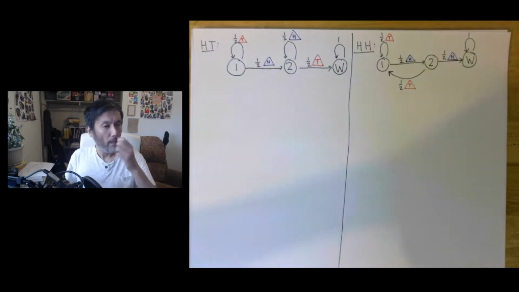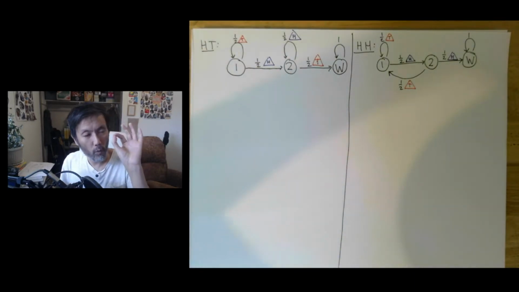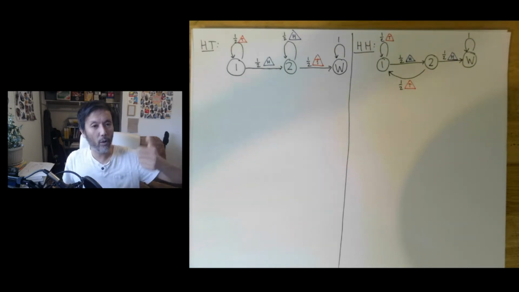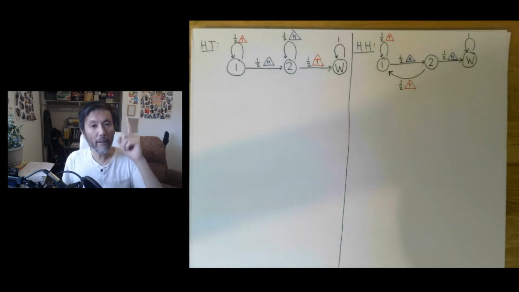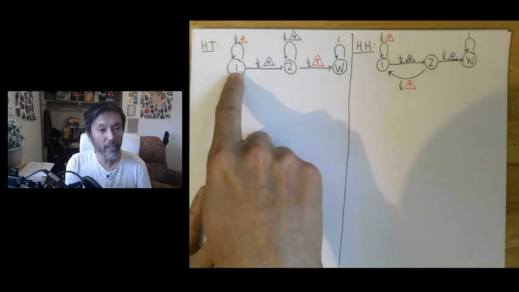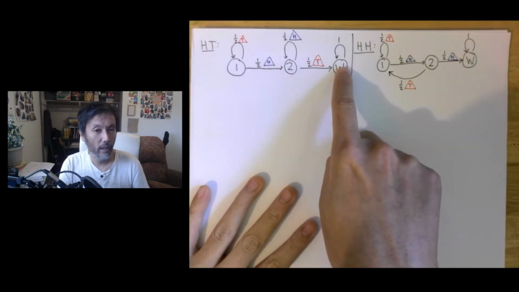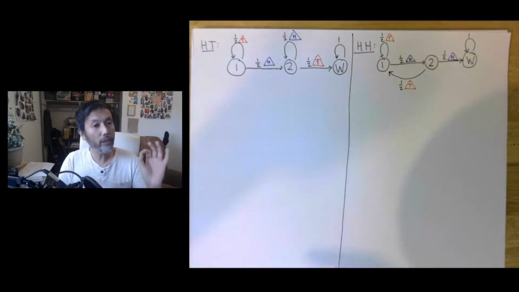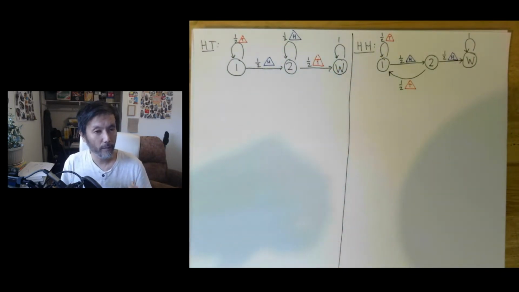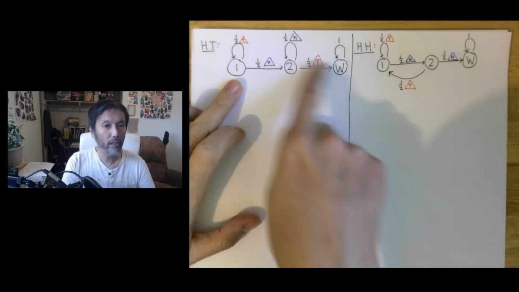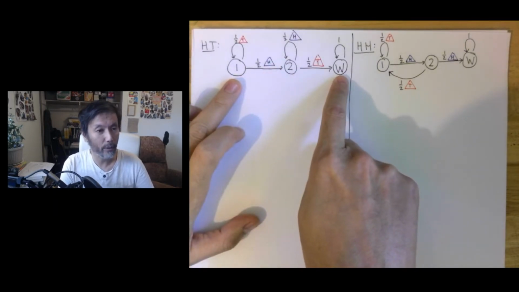So now, when we talk about the expected number of flips, we're imagining flipping a coin. Every time we flip a coin, we are taking a step in this Markov chain. So really what we're going to be computing with these Markov chains is the expected number of steps, the expected number of transitions that we are going to make until we enter this absorbing state W.